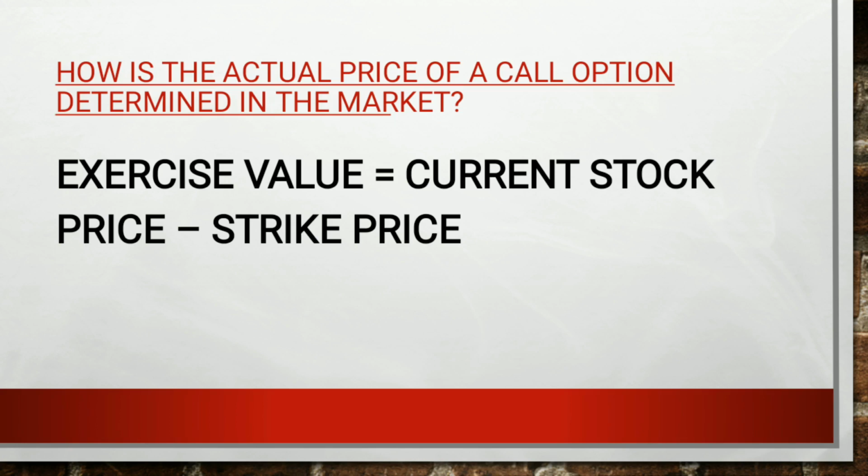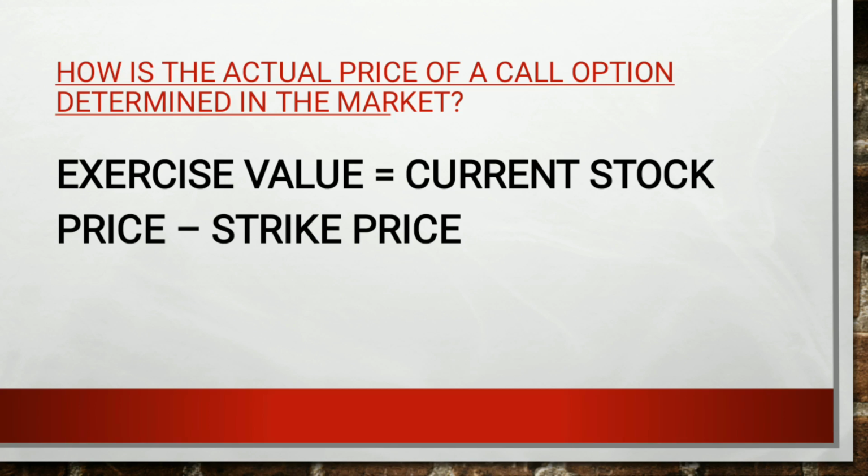To begin, we define a call option's exercise value as follows. For a call option, the exercise value is the difference between the current stock price and the option's strike price. So the exercise value is what the option would be worth if you had to exercise it immediately.